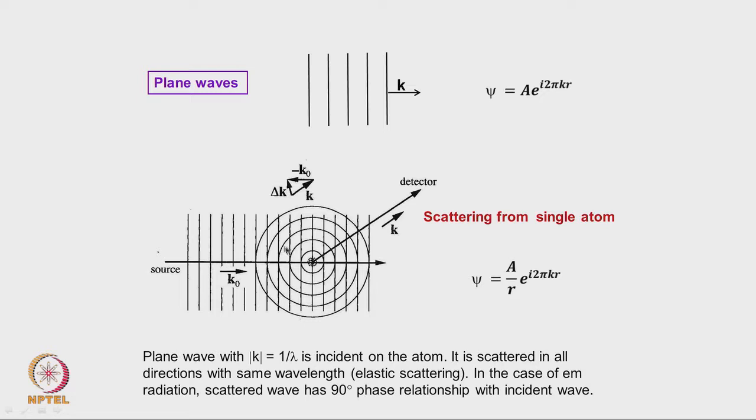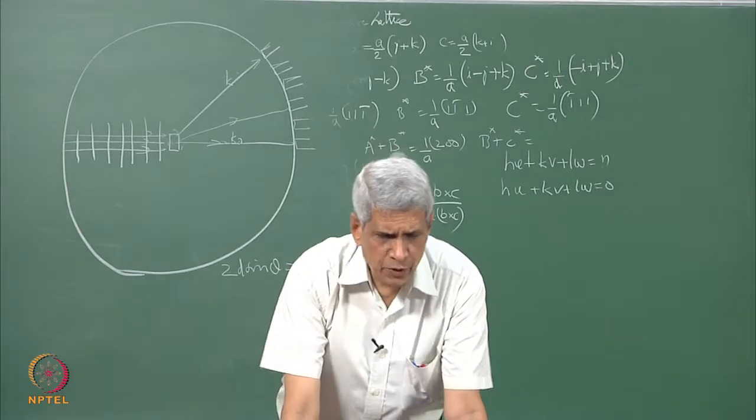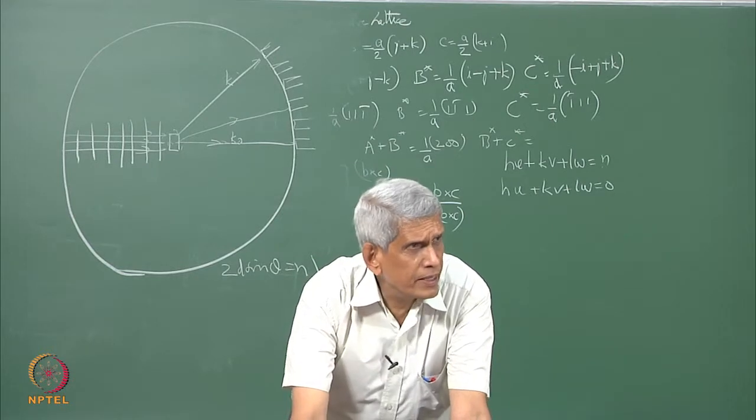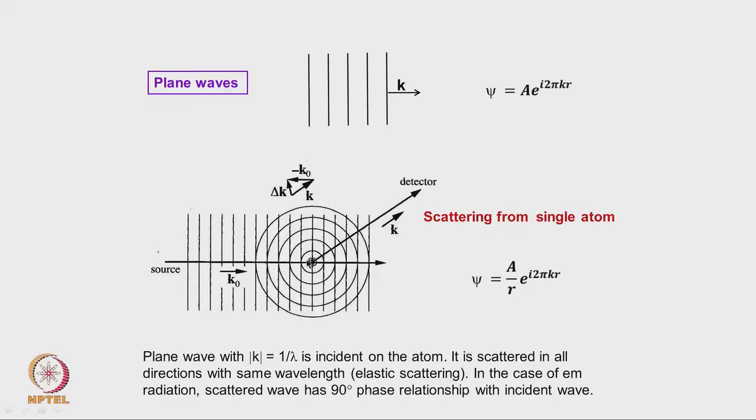If this wave encounters an atom, this plane wave is scattered from this point in all the directions, correct? This is the incident wave vector k0. If you put a detector, we are trying to measure the intensity here.